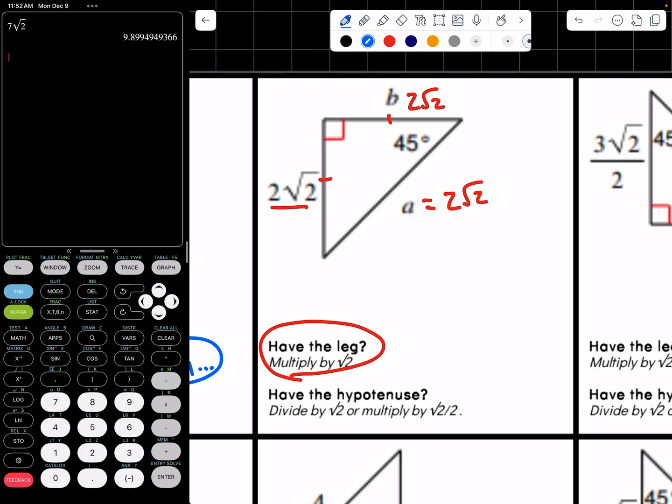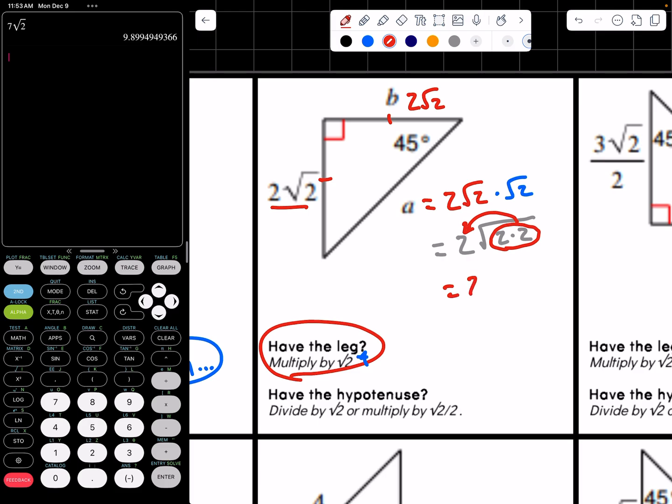I'm going to multiply by root 2, because I have the leg. When I do that, anything underneath the square root, I evaluate together. And because I have a pair of numbers underneath my square root, they can come outside and multiply by whatever's out front.